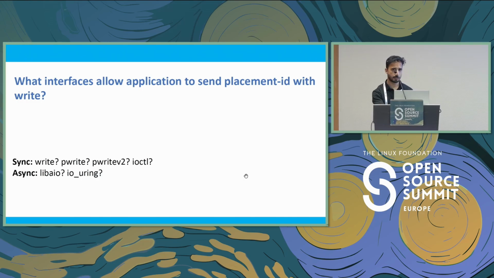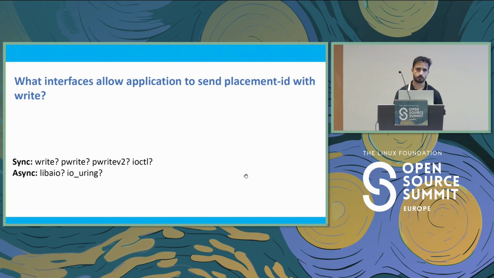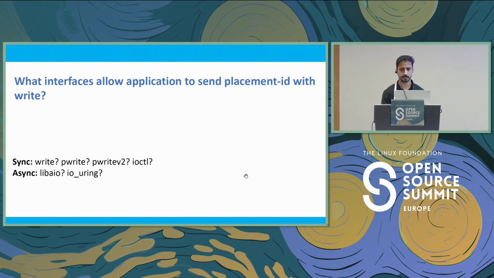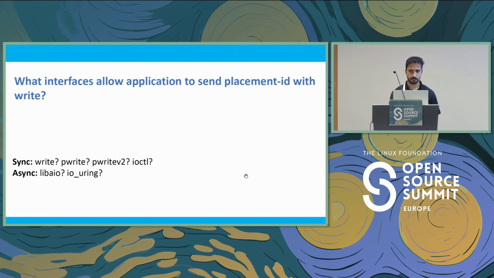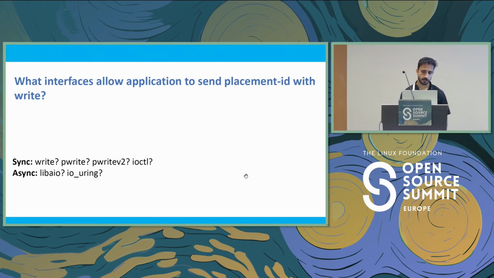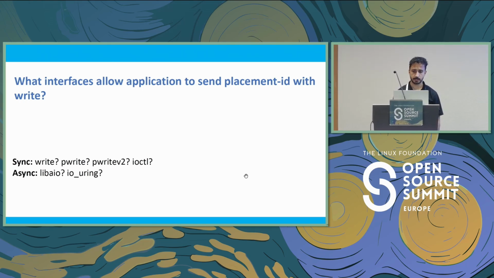So I think the crux of the problem here is: what interfaces do we have in Linux that allow the application to send some kind of extra tag with the write? We have a bunch of system calls like write, writev2, but nothing really fits well. We do not have a way to pass the extra identifier to guide the placement. ioctl is one way, but that's synchronous in nature.